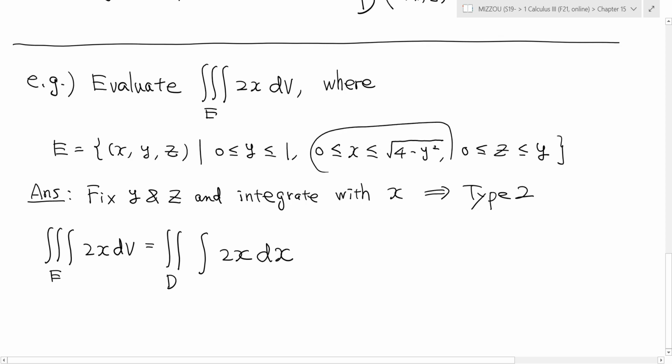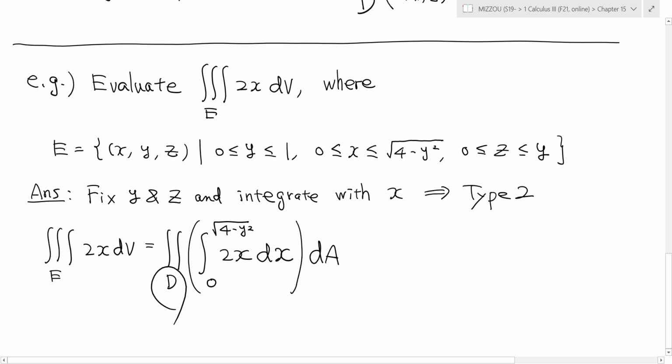Now, x appears only here, and the limits for x are already given here, namely x is between 0 and root 4 minus y squared, and then dA. My typical advice is to carry this out without worrying about what D is at this moment. Just compute the first integral. And then this is just x squared, with x going from 0 to root 4 minus y squared, and dA.